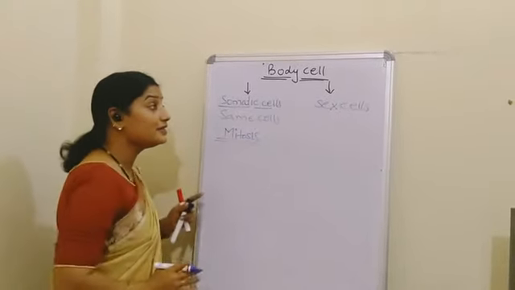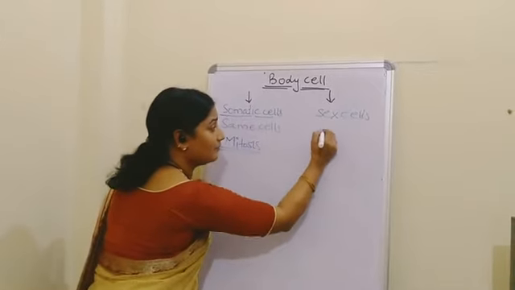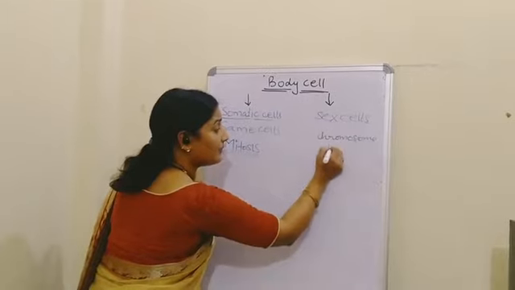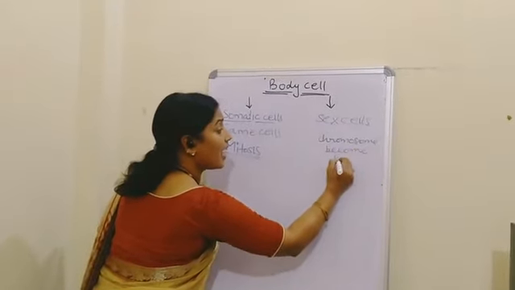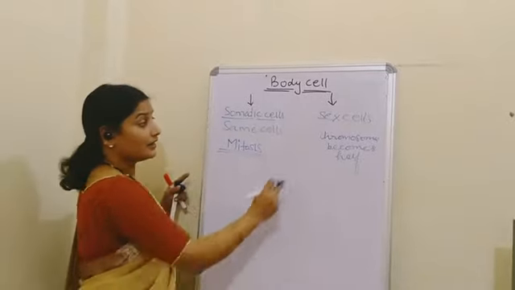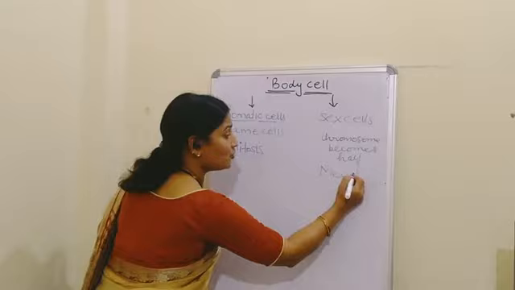But what happens in the sex cells? In the sex cells, every time the chromosome number becomes half. Okay? And that's why here we see meiosis.